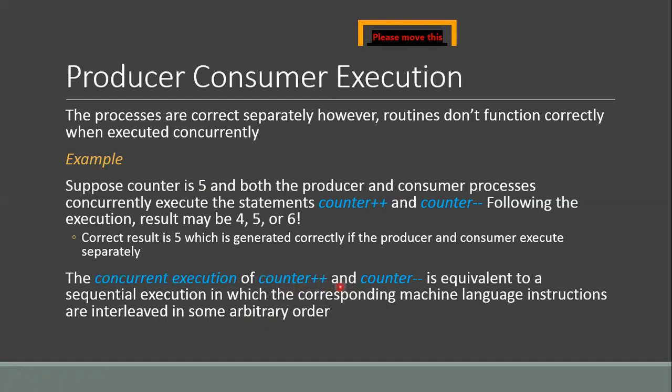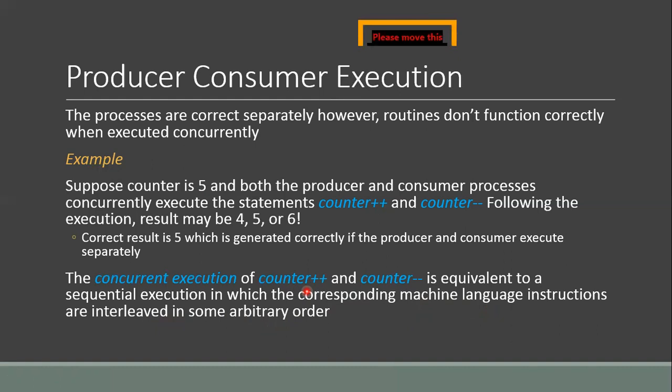So execution of these 2 statements is equivalent to the sequential execution in which the corresponding machine language instructions are interleaved in some arbitrary order. That is, it is not guaranteed that the corresponding machine language instructions will be executed in sequential fashion.